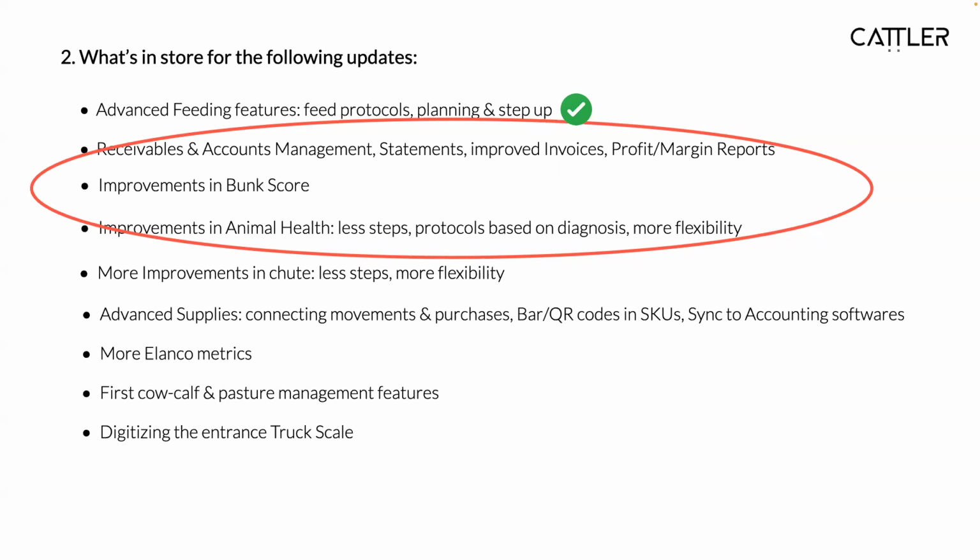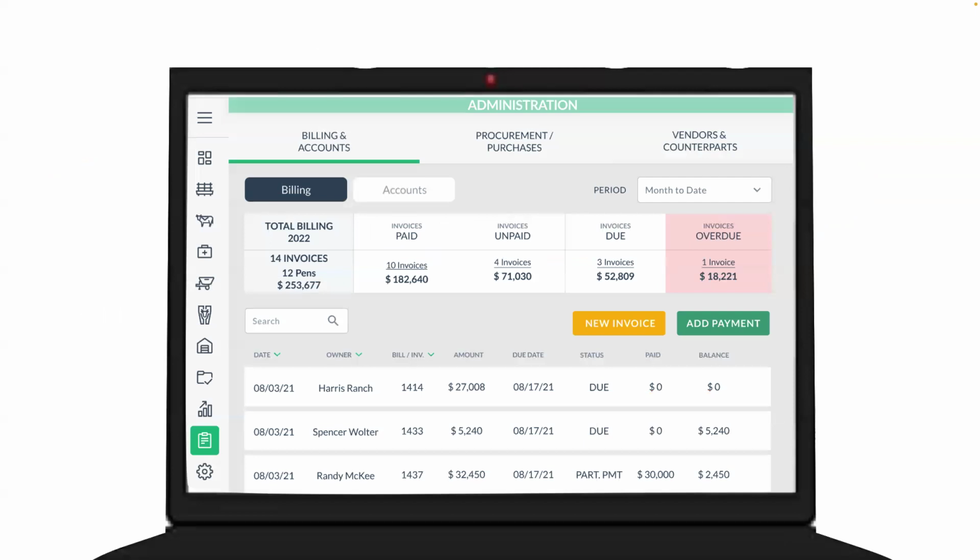And this is where I would like to focus a little bit. As far as account management goes, we will be adding this new subsection in administration, called billing and accounts, which has two different tabs, billing and accounts, of course.